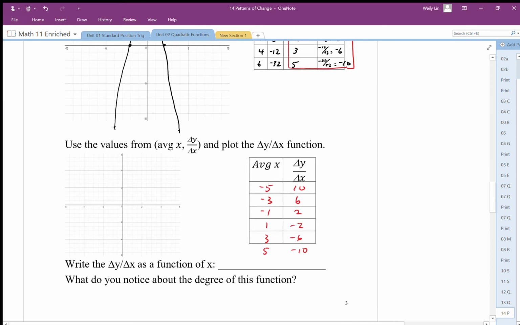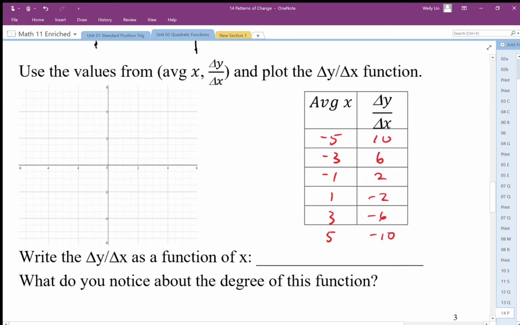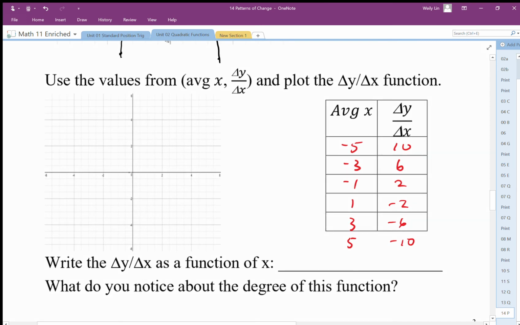And if we graph this, we can see that this is in fact a linear pattern. So negative 5 is 10. It's going to be up here somewhere, off my chart a little. In fact, I'm just going to skip that coordinate.